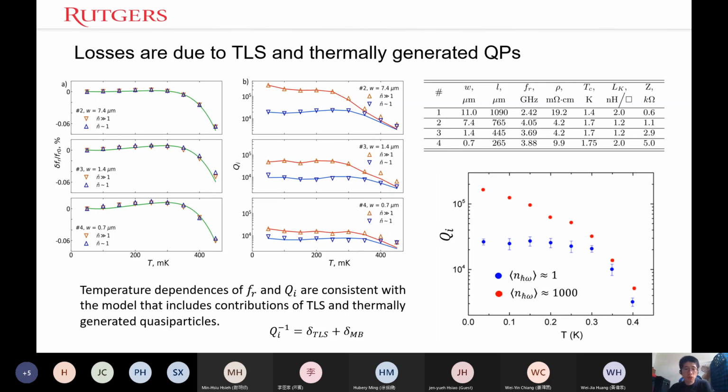So we were able to reasonably fit the resonance shift and the quality factor with these two models. This green curve shows the fit. At low temperature, the data can be fitted with the two-level system, while at high temperature, the Mattis-Bardeen theory predicts a decreasing resonance frequency and quality factor due to these thermally generated quasi-particles.